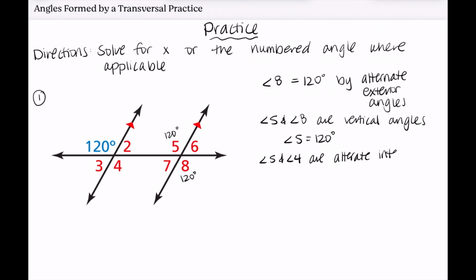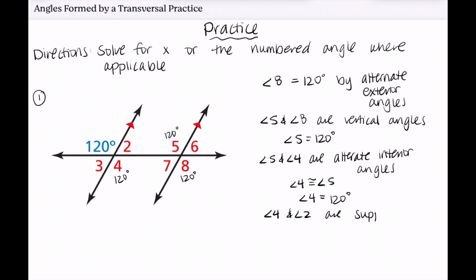And if we apply the same principle, we also know that angle 4 will be 120 degrees because angle 5 and angle 4 are alternate interior angles. And we know that alternate interior angles are congruent, so that means angle 4 is 120 degrees.